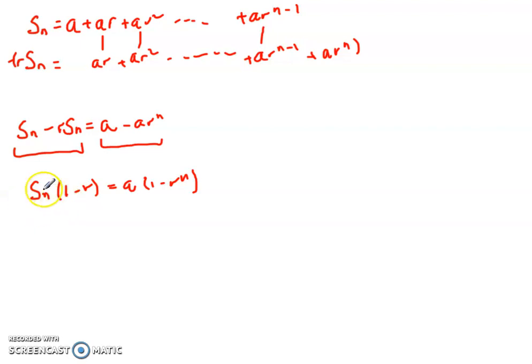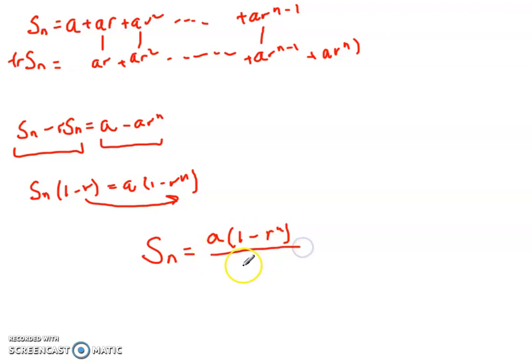If I then make Sn, the sum up to n terms, the subject of this formula, by taking 1 minus r across, what I end up getting is that Sn, the sum to n terms of a geometric sequence, is equal to a bracket 1 minus r to the n over 1 minus r. So that's the formula we had a minute ago, and that's me just proving it. I've shown you why we know it's that formula.